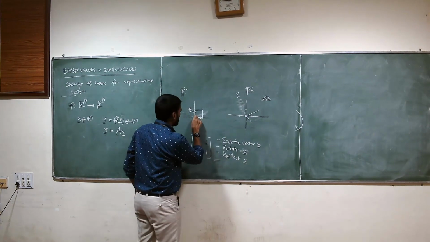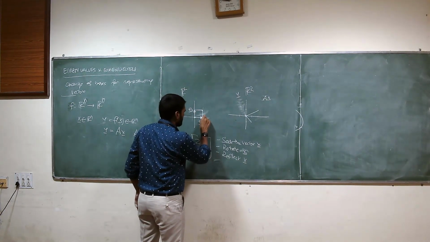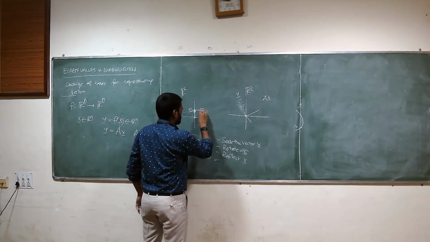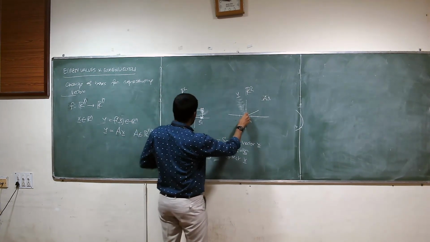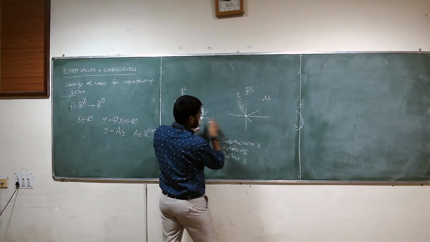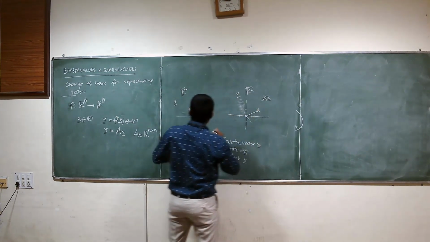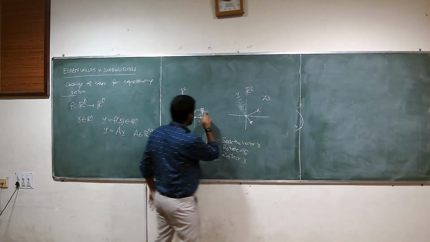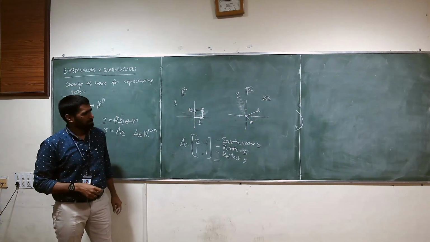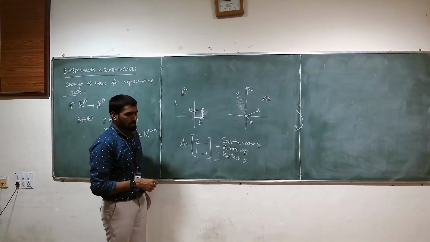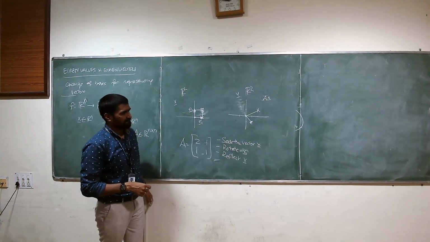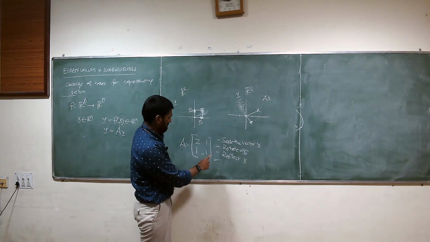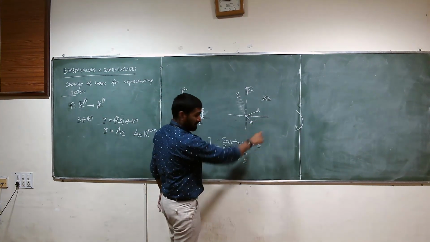So let me say this is a circle, and we'll draw a square here. The dot gets mapped to a dot, the cross gets mapped to a cross, and the triangle gets mapped here. What about the square? Tell me where it will be.